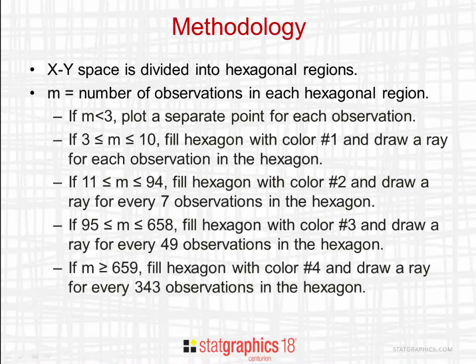If M is greater than or equal to 659, then we fill the hexagon with color number 4 and draw a ray for every 343 observations in that hexagonal region.